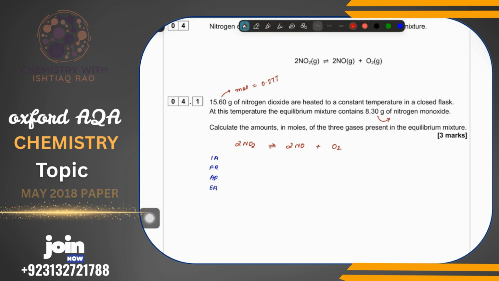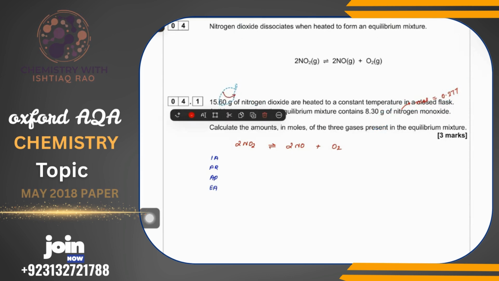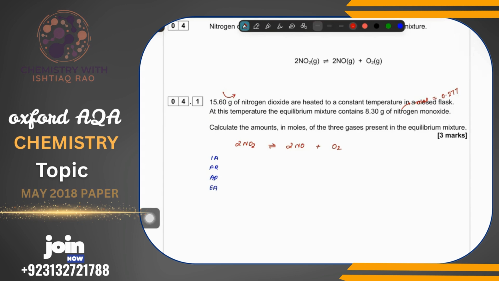NO is 0.277, and nitrogen dioxide is 0.34. How many significant figures do I give it to? Up to three decimal places, so 0.277, 0.339. Okay.